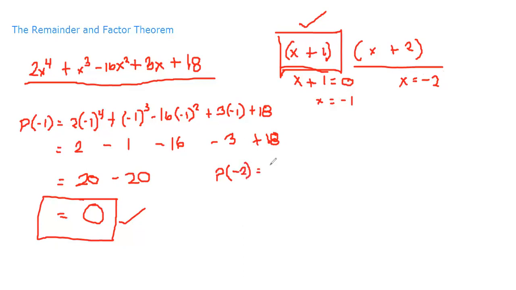Then equals negative 2 raised to 4 plus negative 2 raised to 3 minus 16 times negative 2 plus 3 times negative 2 plus 2. So, medyo malalaki siguro to kasi negative 2 na.